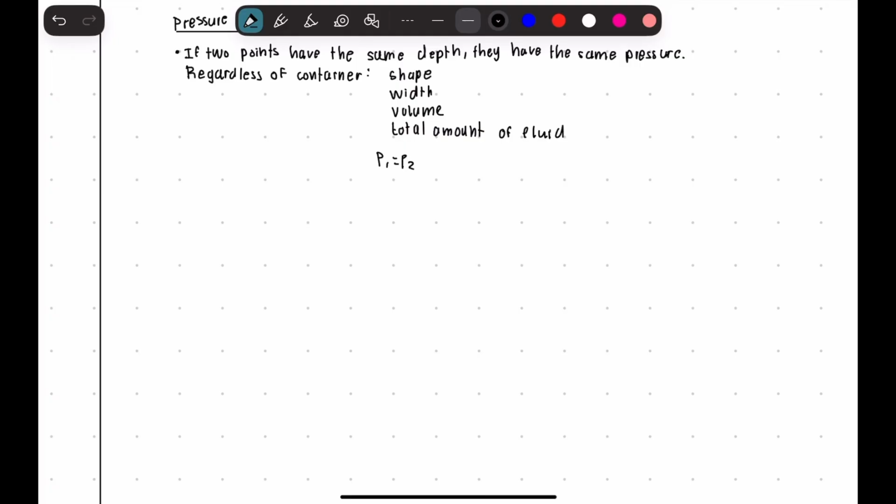Remember that P1 equals P2 if h1 equals h2.